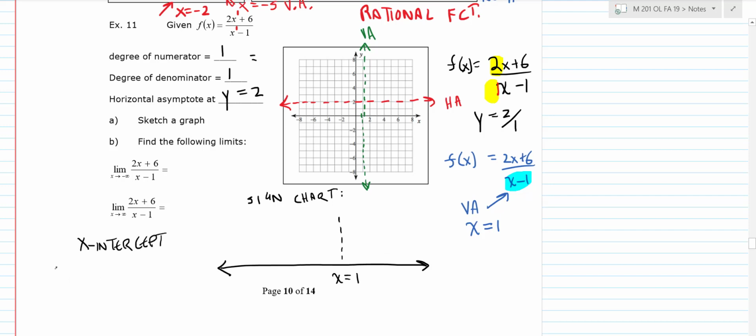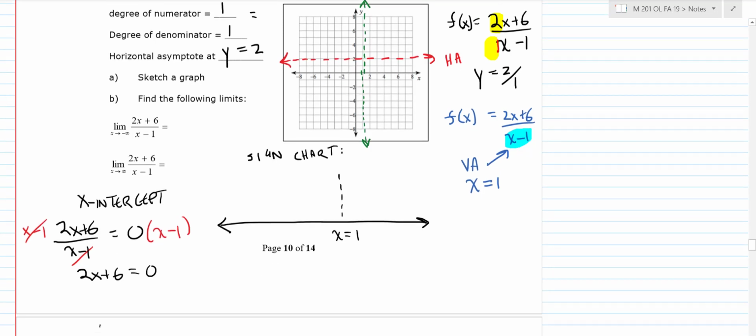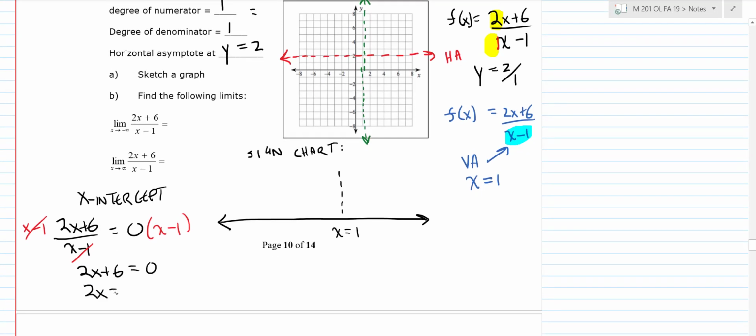For the x-intercept, what you always do is set the function equal to 0 and then solve the equation. You can multiply both sides by x minus 1 to eliminate that fraction. Then you get the equation 2x plus 6 is equal to 0. So that's 2x equals negative 6.